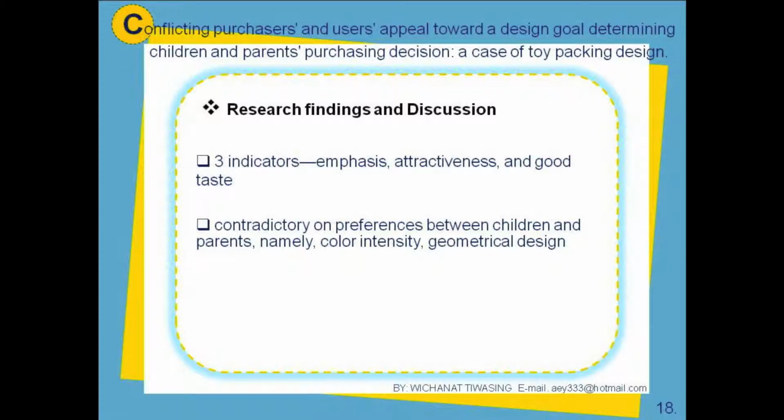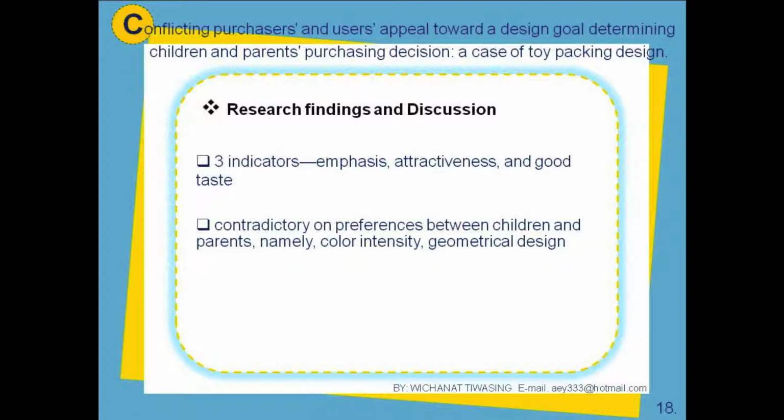Most preferred features at the parents' side are explained by three indicators, which are: emphasis, attractiveness, and good taste. The study also found a number of contradictory preferences between children and parents, namely color intensity, geometrical design, and the presence of cut-out windows.